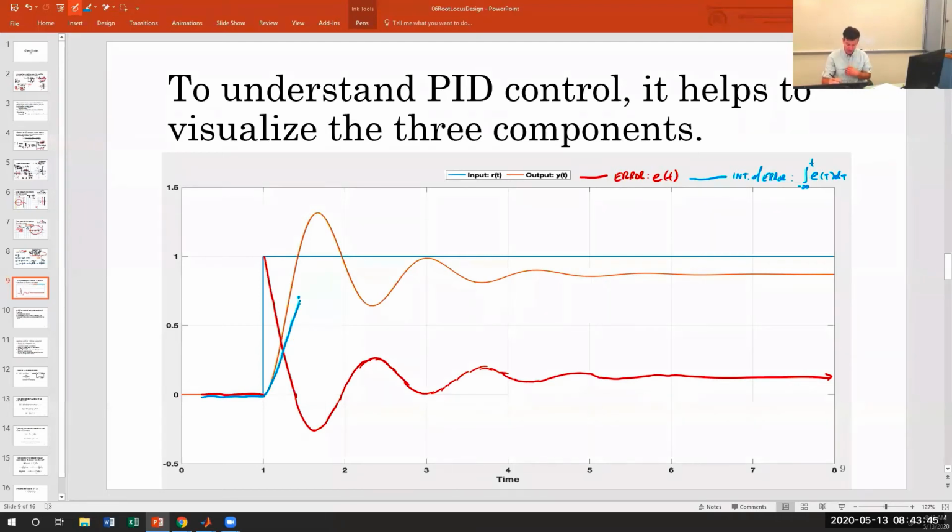And then we start to lose area. So let me see if I can make this a little bit more clear. At this point, we are going to start to lose area.